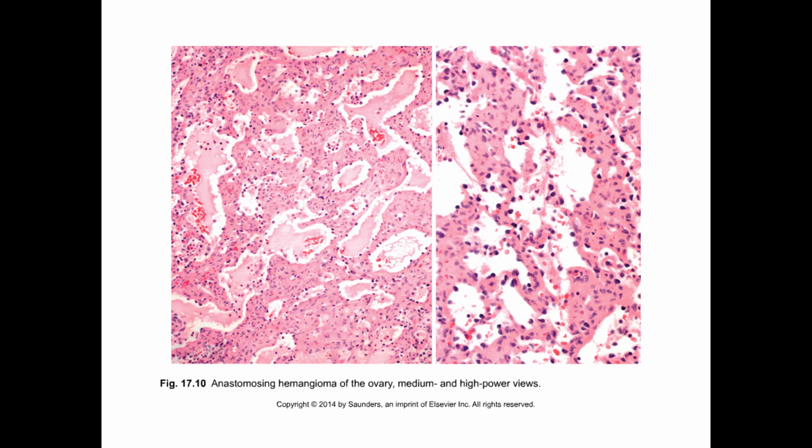Here's an adenomatoid tumor. Again, we have normal ovary over on the side, and here we see the very lace-like pattern of rounded irregular spaces lined by a low cuboidal epithelium that would be positive for calretinin and cytokeratins.